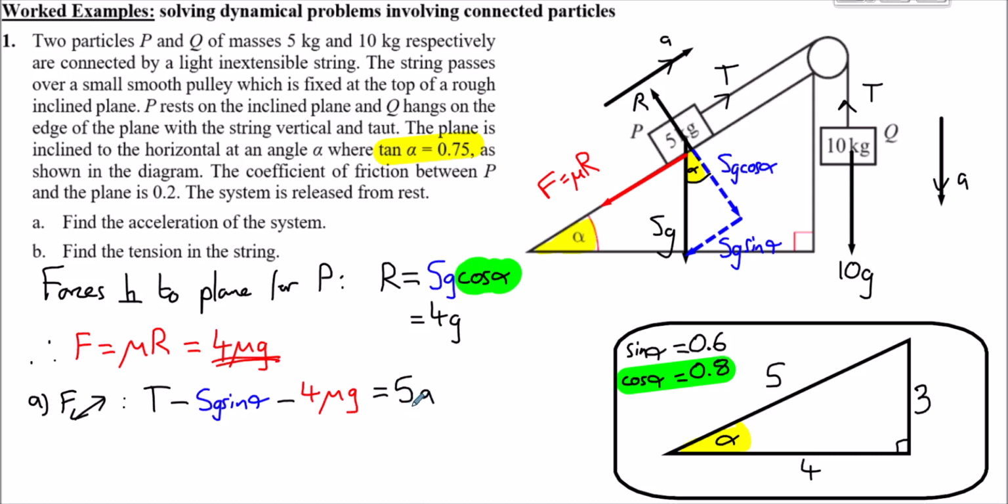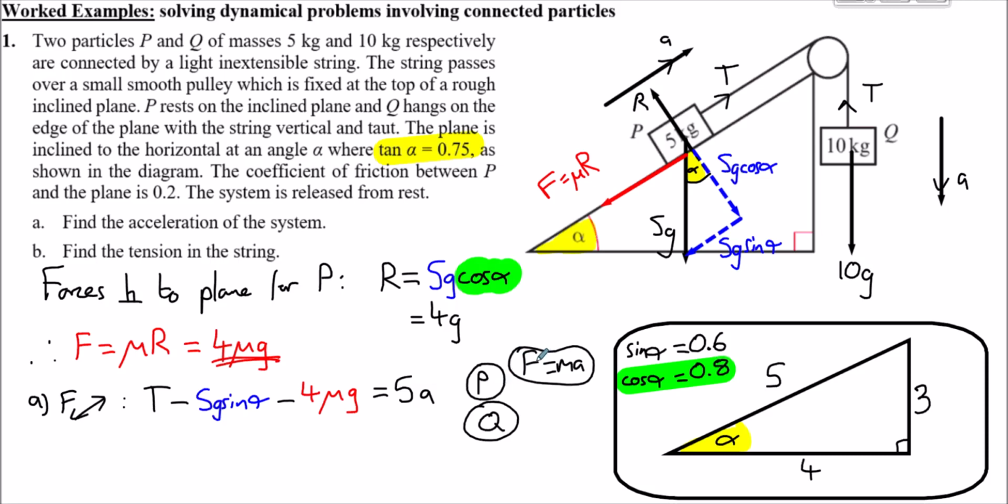And if we now consider particle Q, so this here is for P, F equals ma. If you didn't know already, I've not mentioned it because I'm getting used to the idea that you're probably well familiar with this now.